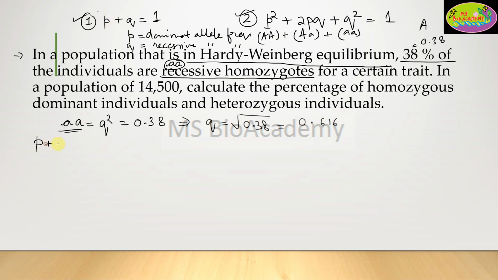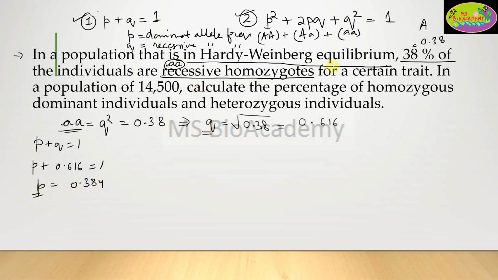P plus Q is equal to 1. So if we write the Q value here, P plus 0.616 is equal to 1. So P is equal to 1 minus 0.616, which gives you 0.384. So we got the value of our dominant allele and our recessive allele, that is P and Q values.